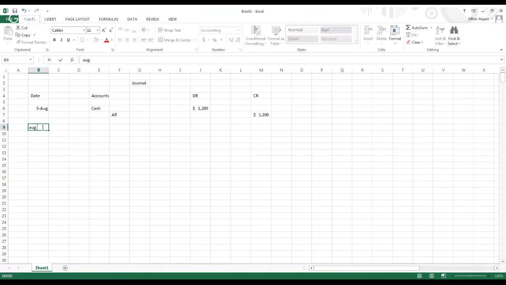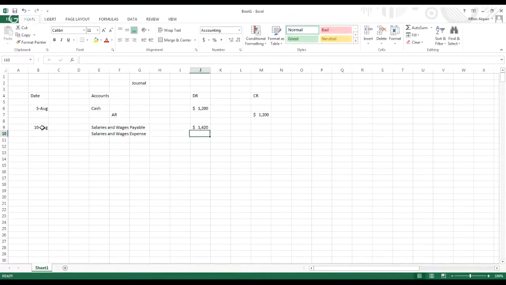Then on August the 10th, we've got, they put salaries, what is it, salaries, and we've got wages payable, and we've got a debit there for 1,420, and then we've got our salaries and wages expense.